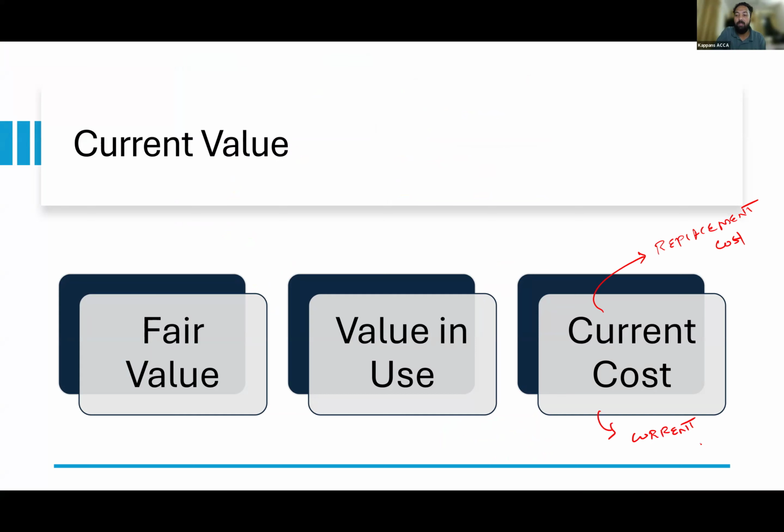The problem that has been asked in your examination is based on the current cost method, that is the current purchase price method, that is the replacement cost method. So remember, current cost means replacement cost means current purchase price. Remember that. You will need that to solve the problem that we'll be discussing later.